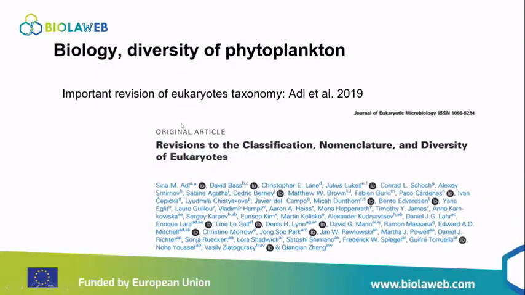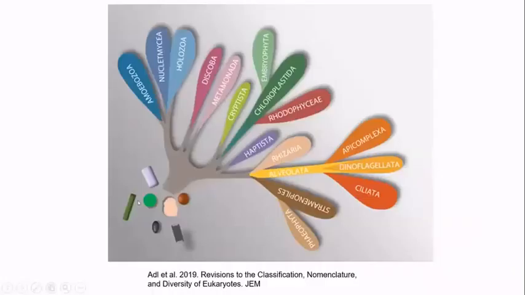So I already talked about this paper of Adl with this tree, and just to give a picture of the different endosymbioses, we started with a primary endosymbiosis from a cyanobacterium. It gave the Glaucophyta, the Rhodophyta, and the Chlorophyceae.